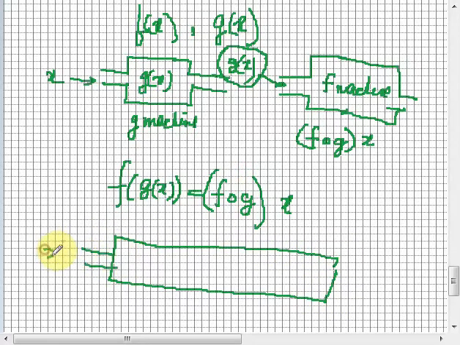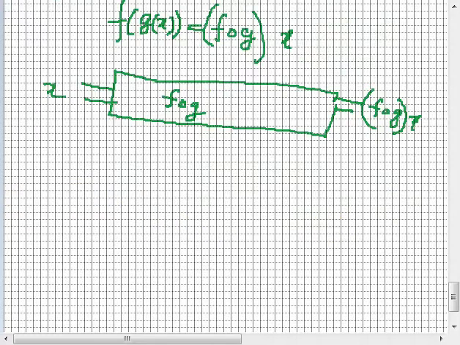We give input x, there is a machine f of g, and we get output f of g of x. I give an example for this, then things will be clear. Suppose f(x) is equal to x squared and g(x) is equal to 3x plus 1.